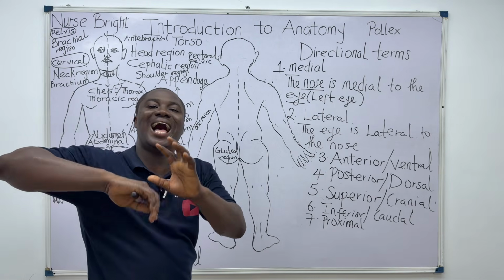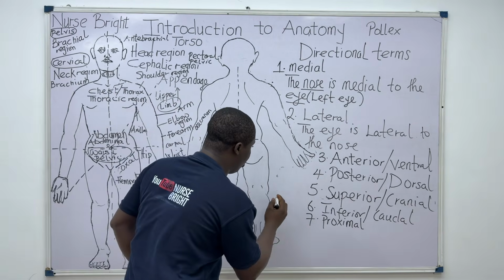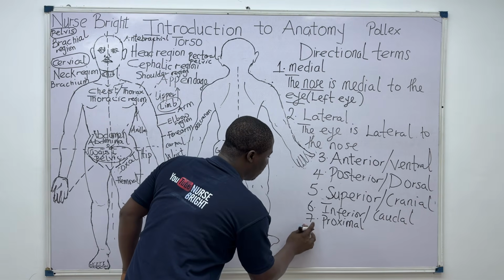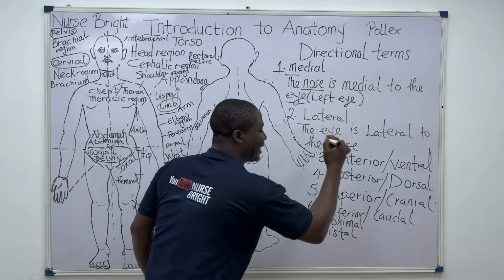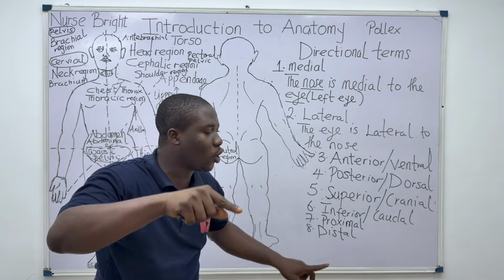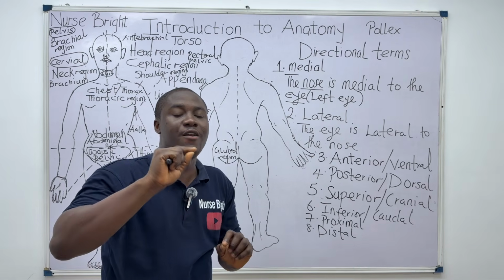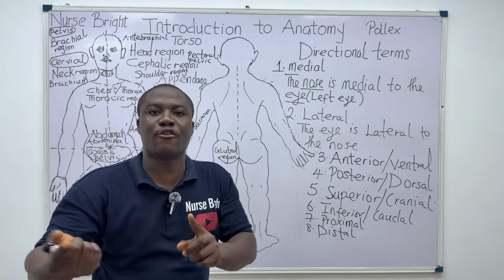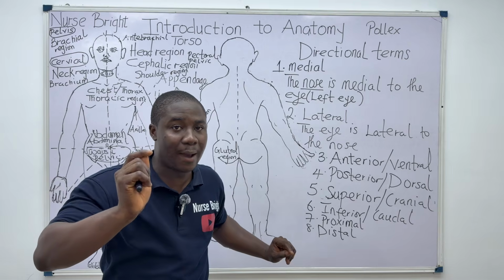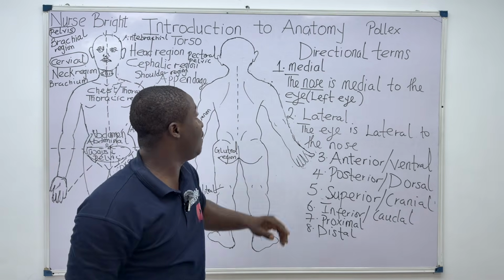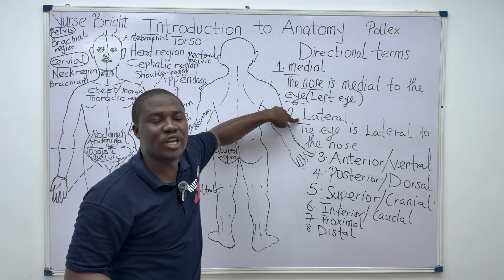Now another directional term to learn, that's number 8, is what we call distal. Pay attention. A structure is said to be distal if it is farther away from the point of attachment. If you observe, both terms are opposite to each other.